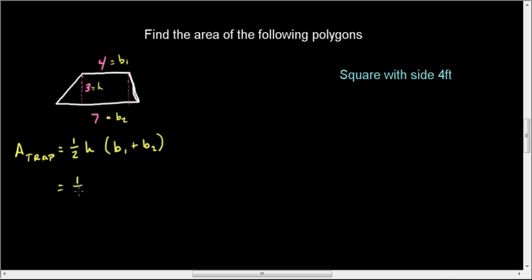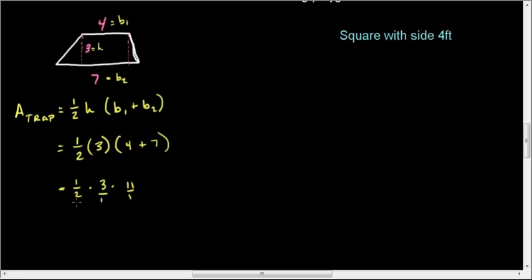And so I'm just going to plug those in. So I've got 1/2. The height is 3, and base 1 is 4, base 2 is 7, and so that's going to give me 1/2 times 3 times 11. So if I write 3 as 3 over 1 and 11 as 11 over 1, that's going to give me 3 fractions, and I multiply straight across the top and straight across the bottom.